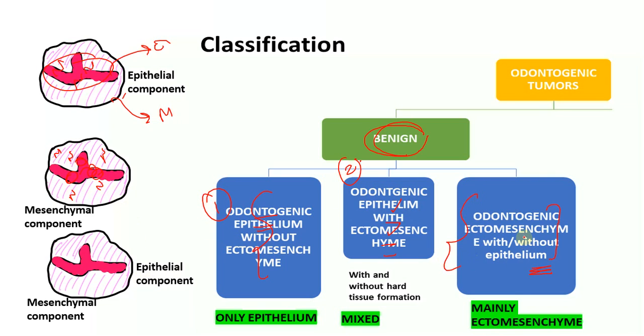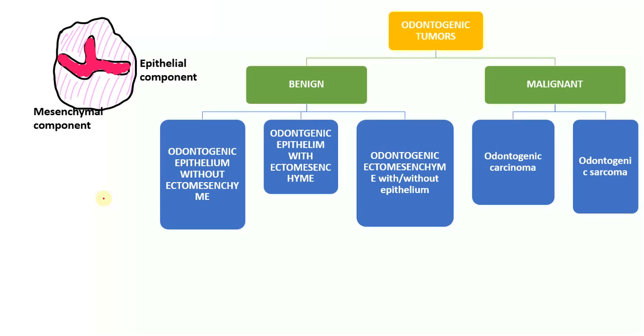The third part tells us that the origin of these odontogenic tumors is only from the ectomesenchyme with or without epithelium. So here essentially the neoplastic component is the mesenchymal component. I think this diagram should make it quite clear: only epithelium, epithelium and mesenchyme, and only mesenchyme.